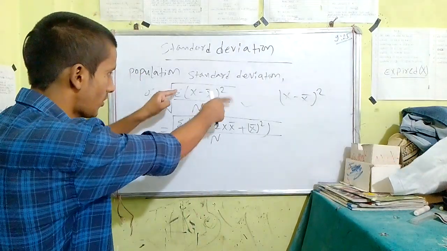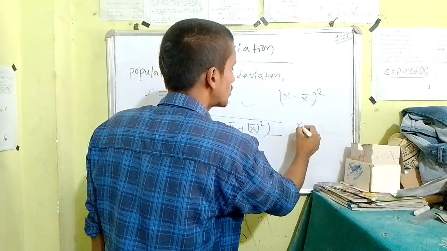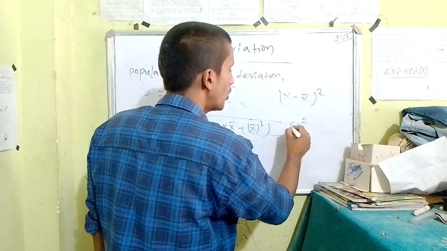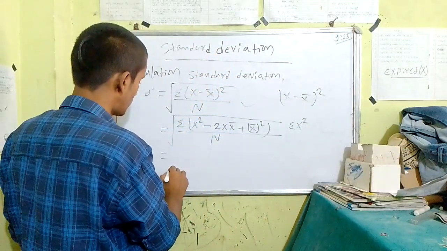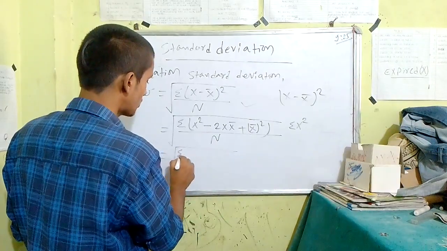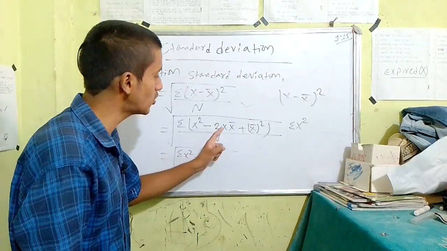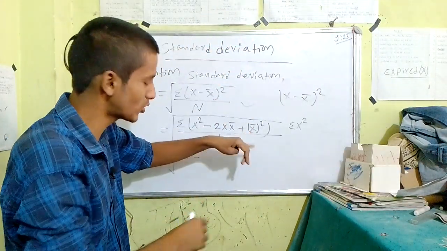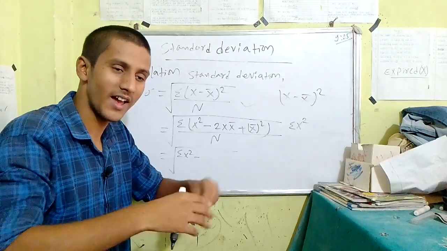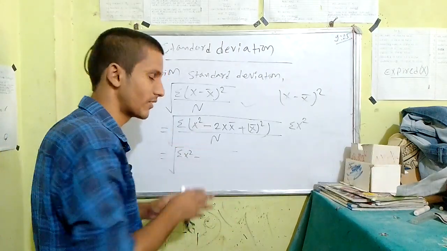If you find this whole thing, then what you can do is find x squared and sum all the x squared. This is what you can do: summation x squared, and then minus, you can find 2x x bar for all the observations, and then x bar squared for again all the observations. And at last, add them up or subtract, whatever is given.